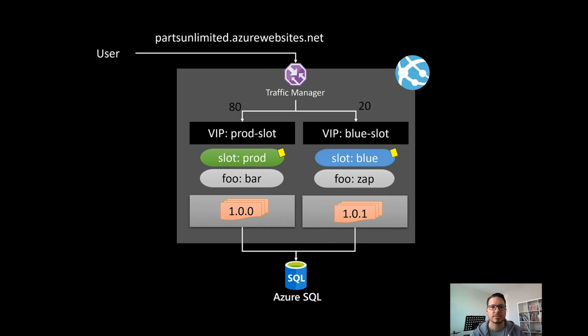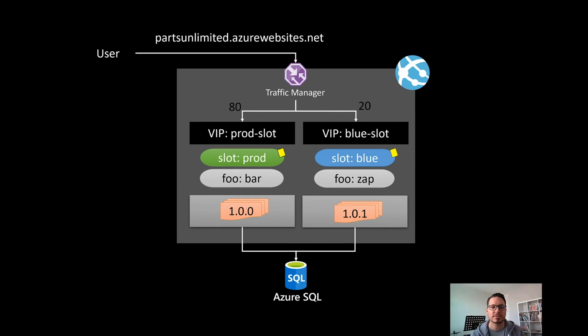Traffic Manager directs users, in this case every fifth user or 20%, to the blue slot. That traffic is also session sticky, so that once a user has been directed to a slot, that user remains on that slot for the remainder of their session. Now every fifth user is on the blue slot code, which is 101.